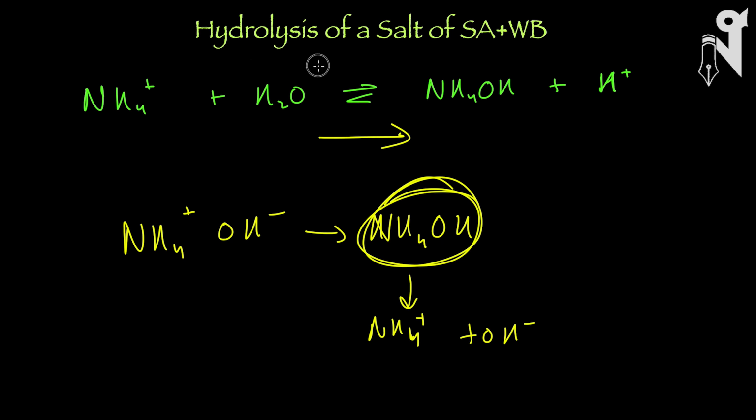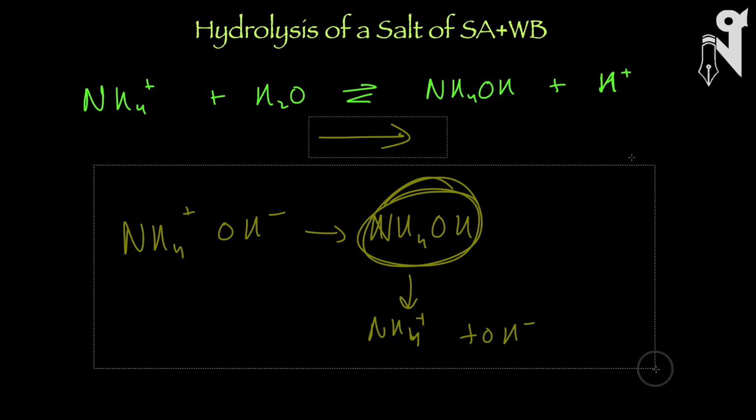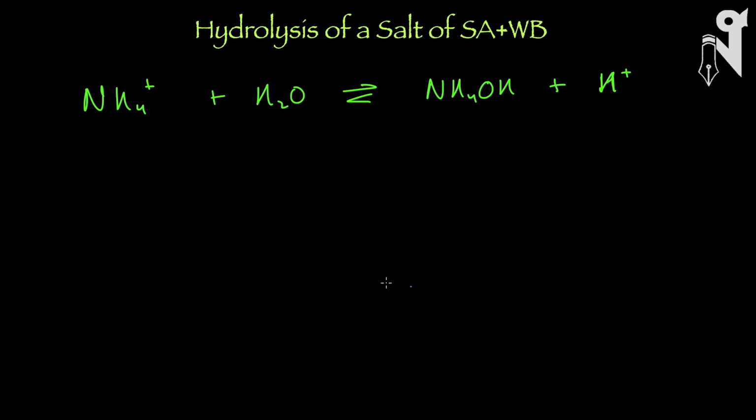Anyways, coming back to the problem at hand, what we know is that the initial amount is C. There's nothing of this, nothing of this. All is aqueous, by the way. Don't even have to write aqueous because water is with water, but it won't harm if I write it. So C, nothing, nothing.